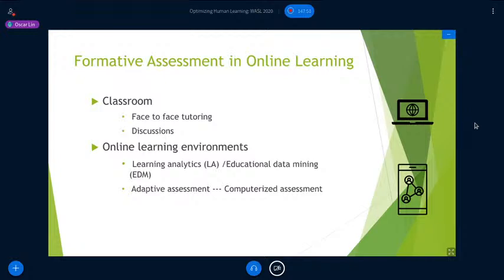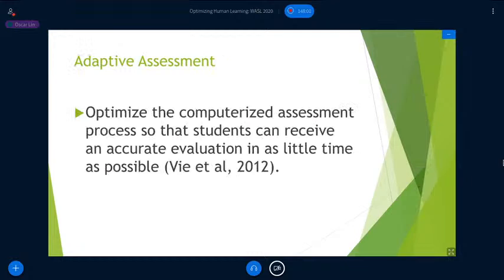In assessment, when we talk about adaptive learning, we mean adaptive assessment. In adaptive assessment, the goal is to optimize the computerized assessment process so the student can receive accurate evaluation in as little time as possible.